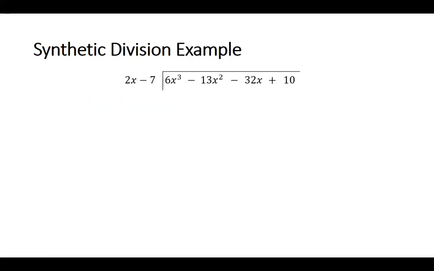Exact same problem that we just did, the 2x minus 7 divided into 6x cubed minus 13x squared minus 32x plus 10. So what do we do to write this as synthetic division? Well, we eliminate those x terms, x squared, x cubed. We don't need that, okay? So we have 6, negative 13, negative 32, and 10.